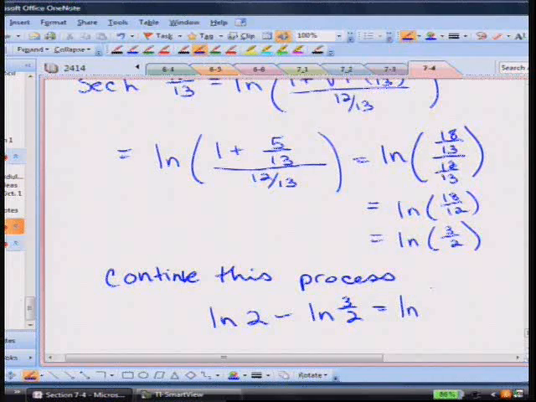So this is the ln of 2 divided by 3/2, which is the ln of 4/3. So all that work to get you to the ln of 4/3.